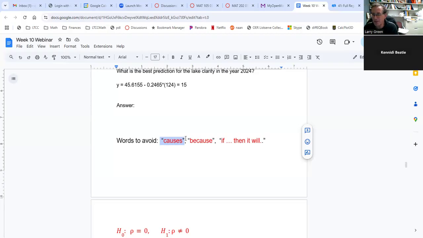Can you think of two things that are correlated when there's no causation at all, where one doesn't cause the other in either direction?